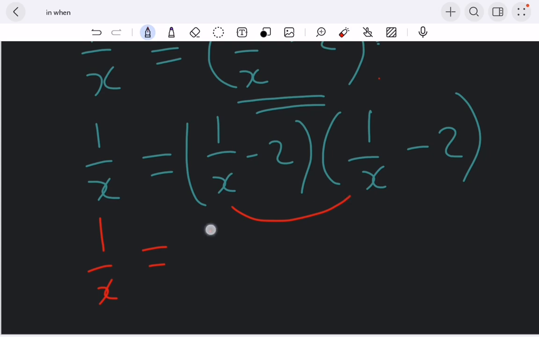So we're just going to expand this one and get 1 over x squared minus 4 over x. Okay, so this times this is minus 2 1 over x, and then minus 2 1 over x, which will give us minus 4 1 over x if I'm not mistaken. Let me see, minus 2, yes, and then plus 2 times 2 is 4.